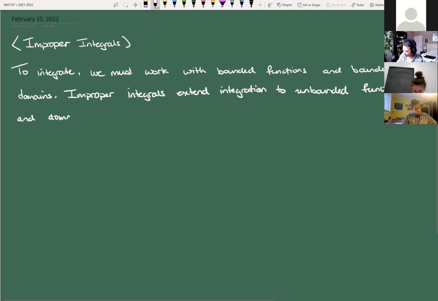I guess that's what I've been calling them. Okay, so we're going to basically attack each of them separately. In theory, you could do them together, but that gets a little bit trickier. So we'll try and do them separately. The first thing that we're going to do is unbounded domains, because I think that one's kind of more appealing. So let's deal with unbounded domains.